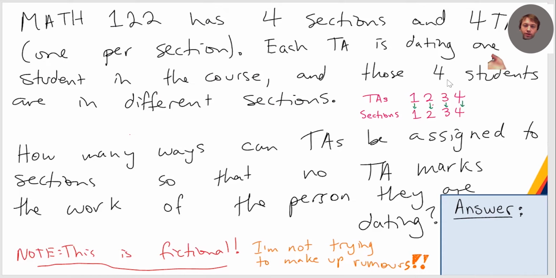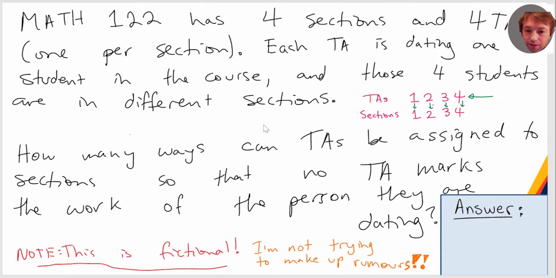What we want to do is rearrange the TAs, so if I take the permutation 1, 2, 3, 4 of the TAs, I want to rearrange them so that no TA ends up where it started. If I initially line up the TAs to mark their significant other, I want to rearrange so that none of the TAs are in the same place where they started.